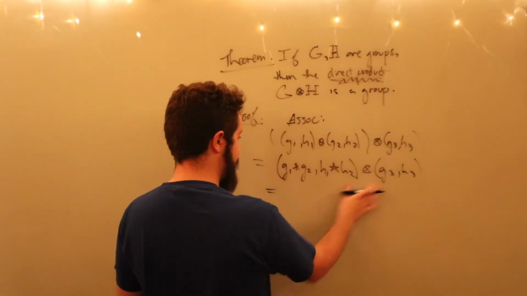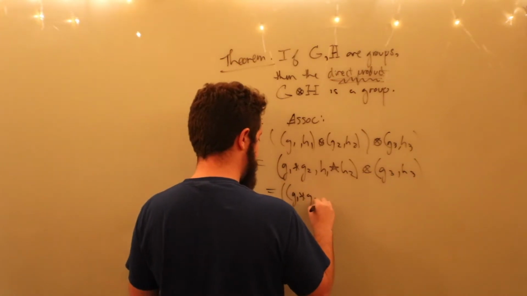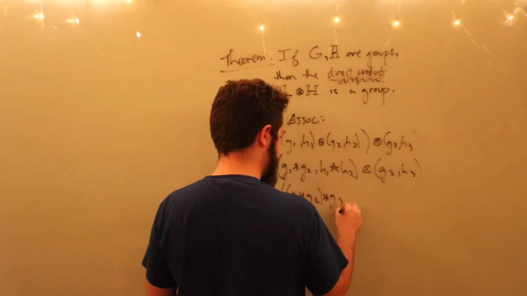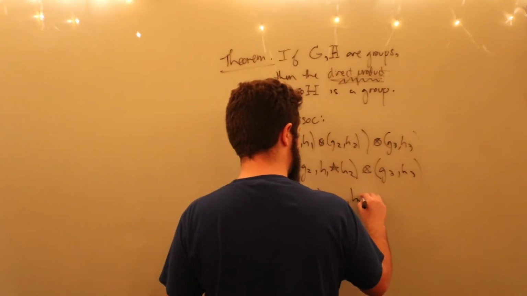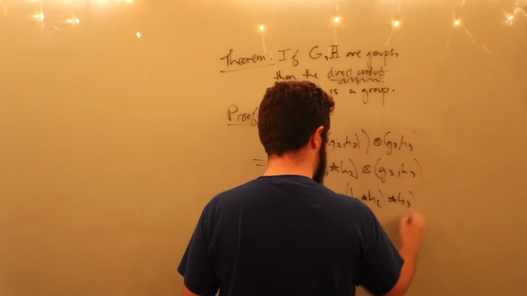Well, this is just going to be equal to (G1 star G2 star G3, H1 star H2 in parentheses star H3).